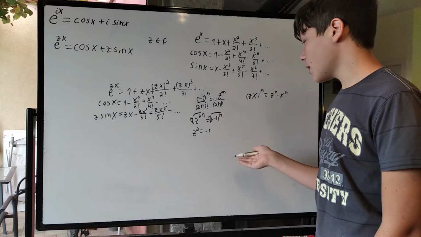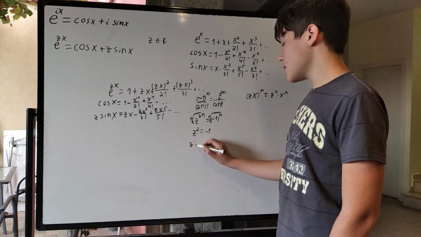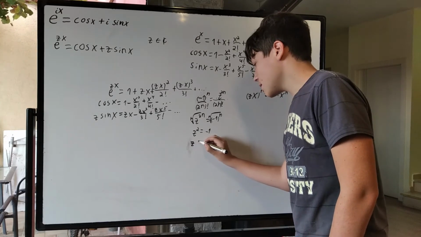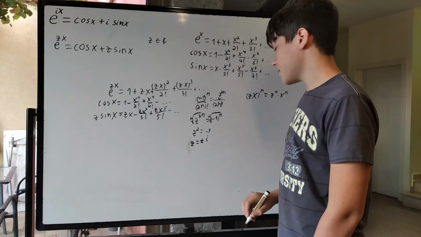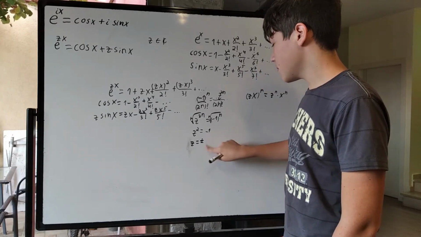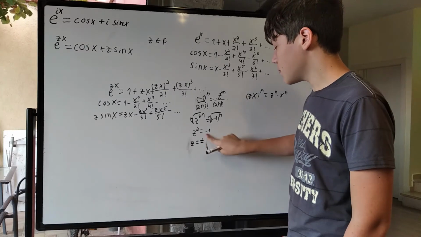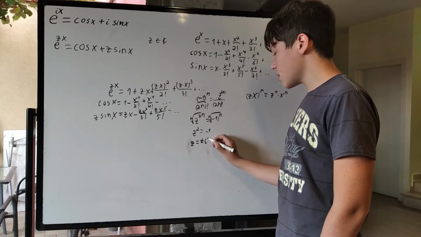Because we know this is true for all n, z squared is equal to negative 1, meaning that z is equal to plus or minus i.